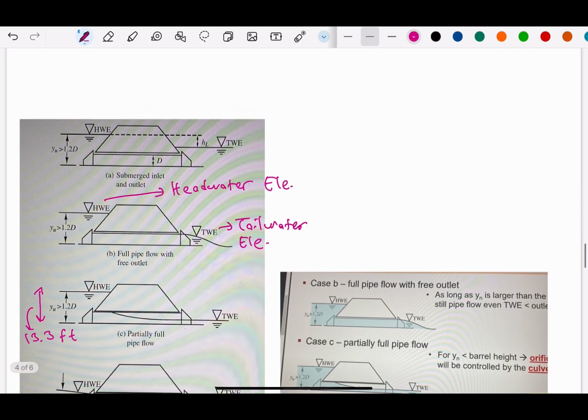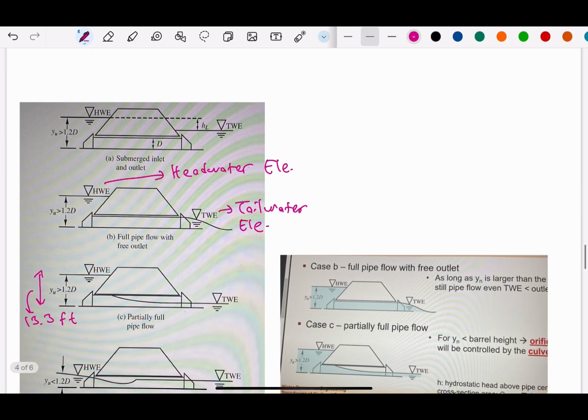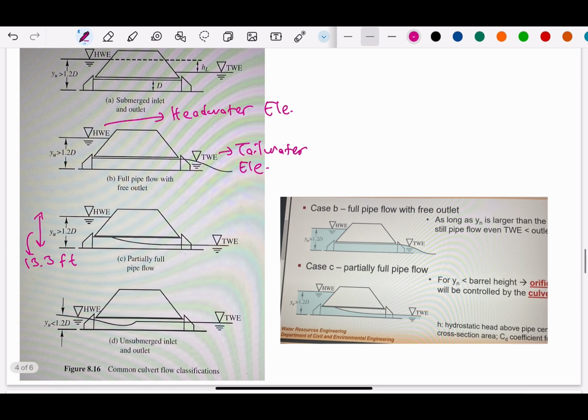And also in the question, it says we have classification C, which means we have submerged inlet, but we have free discharge at the outlet.